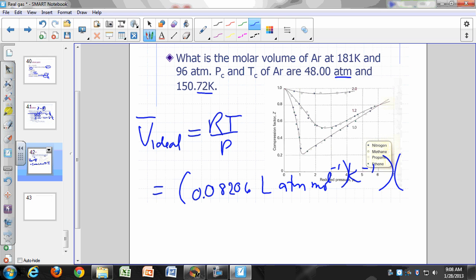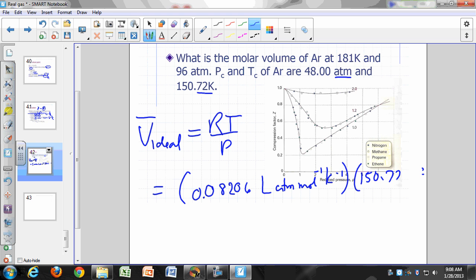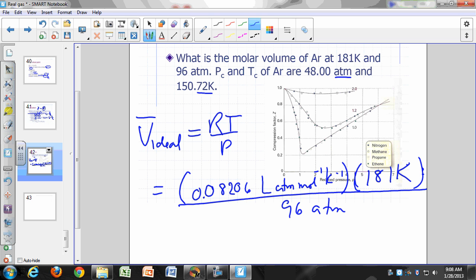Our temperature is 150.72 Kelvin. Okay, I need more room here. Liter times atmosphere per mole per Kelvin times 150.72. That's the critical. Oh, I'm sorry. Our temperature is 181 Kelvin, divided by 96 atmospheres. That's our pressure.